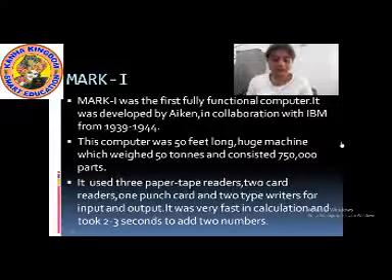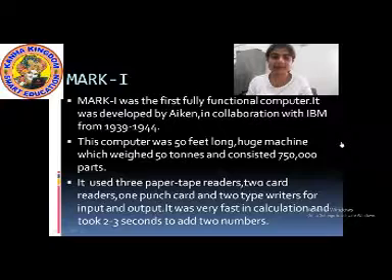This computer was 50 feet long. The height of this computer was 50 feet. It was a very huge machine and the weight of this machine was 50 tons.